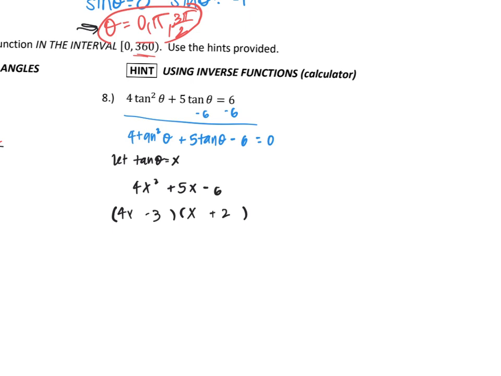Okay, and then just bring the tangent x back in here. So instead of an x, I'm going to write 4 tangent theta minus 3. And instead of x, tangent theta plus 2. And I forgot to write that this was equal to 0, and now I can set these equal to 0 because they are factors.